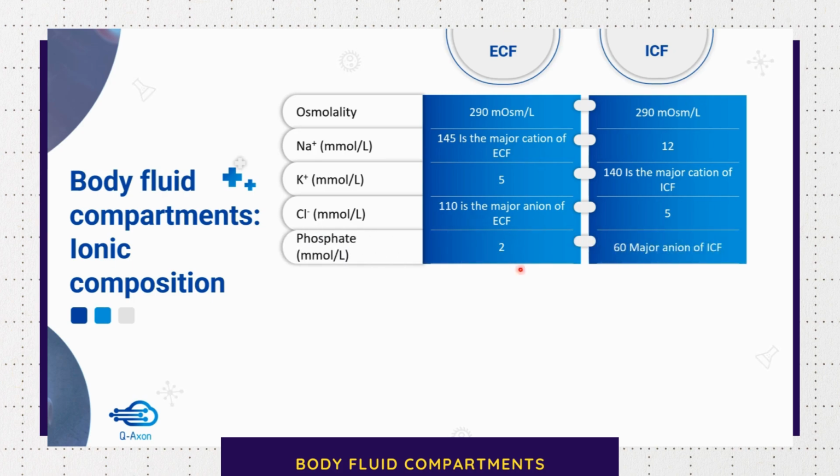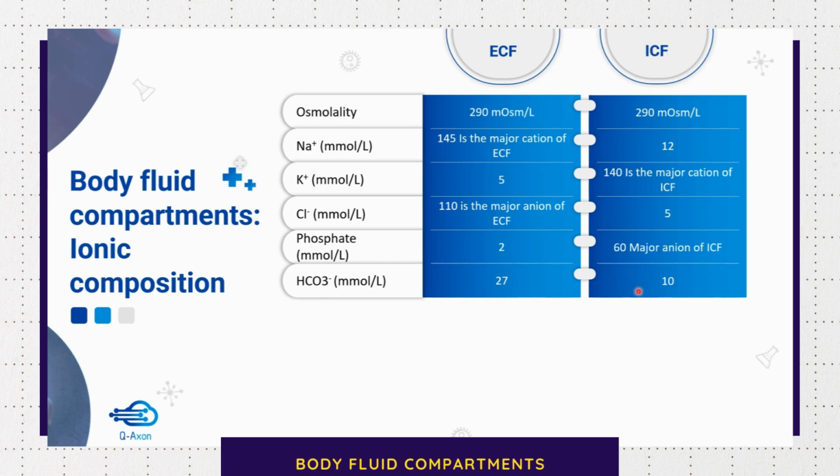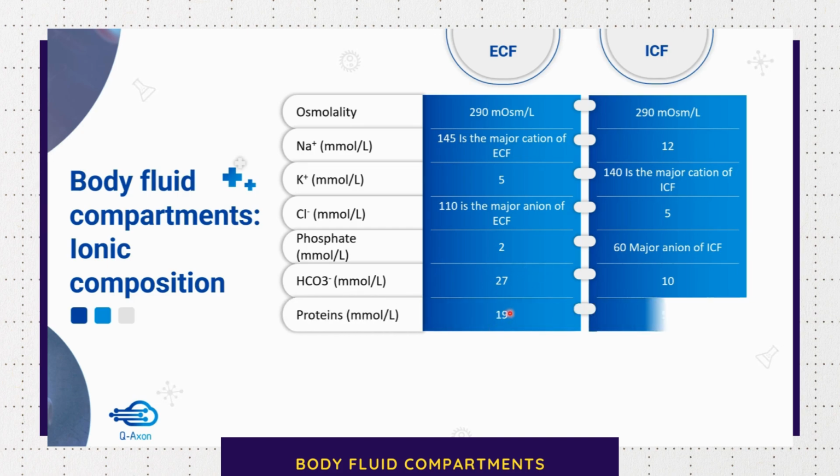Then phosphate. Phosphate is the major anion of intracellular fluid. Bicarbonate is present both in ECF and ICF, but it is one of the major buffers of extracellular fluid. Proteins again are present both in ECF and ICF, but they are very high in concentration in intracellular fluid.